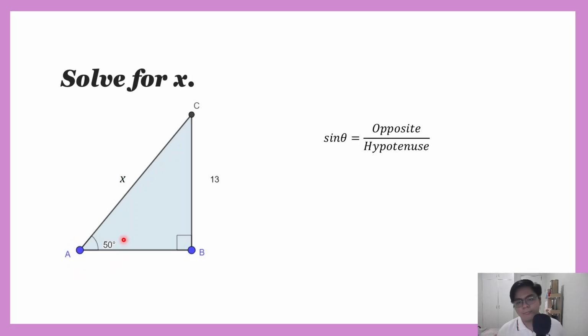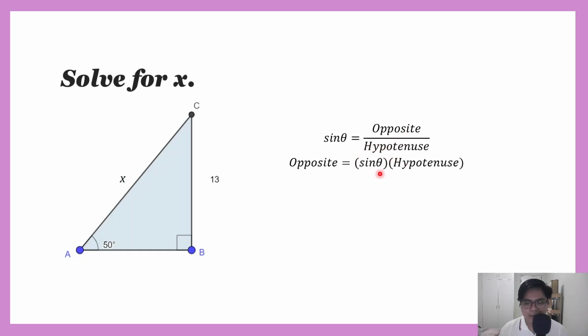We use SO, or sine theta is equal to opposite divided by the hypotenuse. Now, we derive a formula to solve for the hypotenuse. We treat sine theta as sine theta divided by 1 and do cross multiplication.